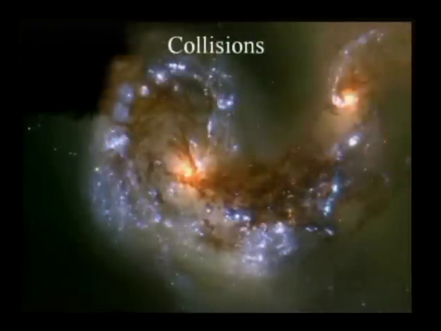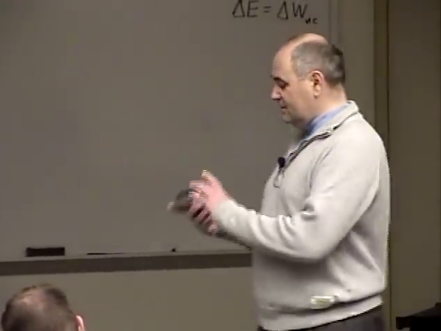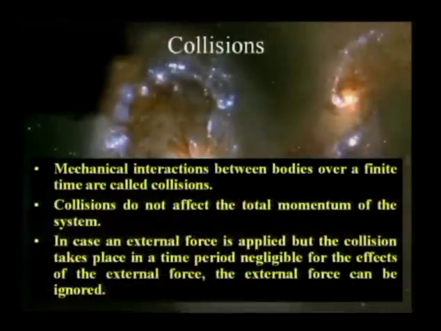Well, I want now to apply it to a certain type of interactions which we refer to as collisions. And collisions are interactions which happen over a finite period of time. We think about collisions as happening over a short period of time, although as I said, in case of galaxies, here you have a picture of a collision of 2 galaxies. They can collide over several millions of years.